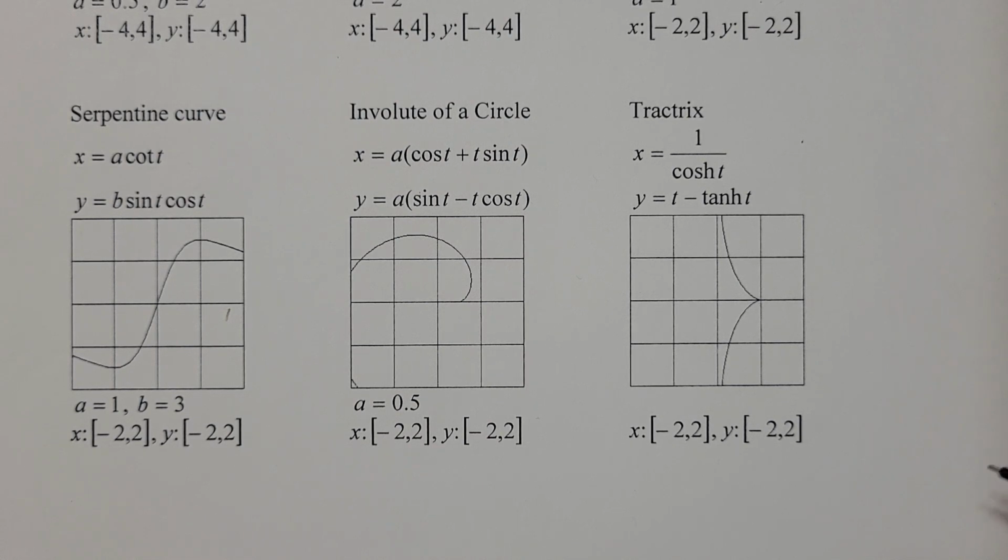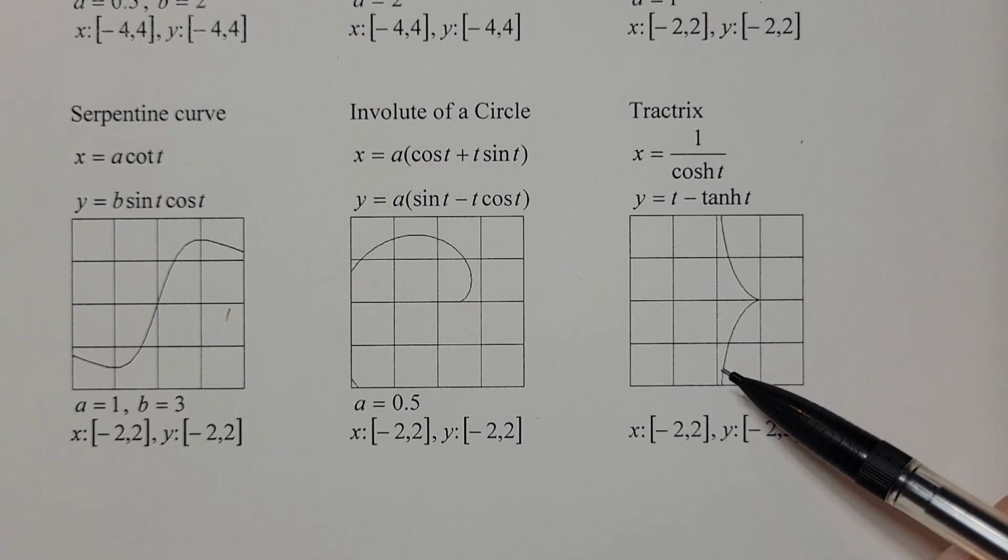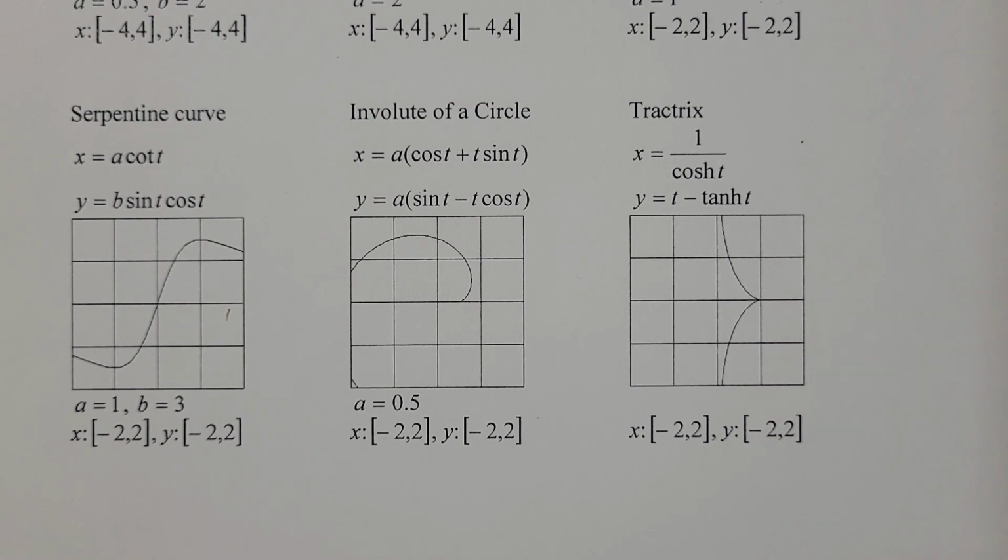Like if he's constantly pulling the leash, keeping it tight, then he's going to get closer and closer to the y-axis but never get there, type thing. Okay.